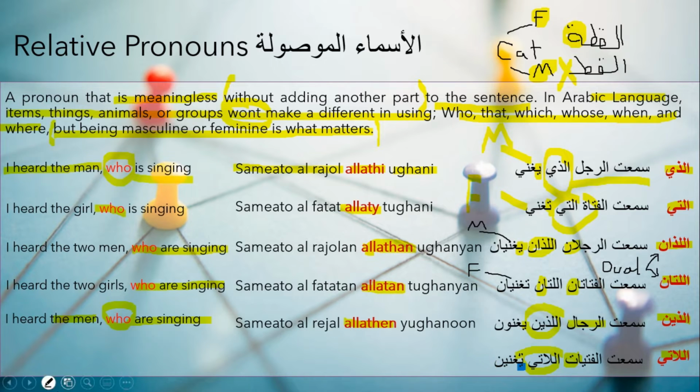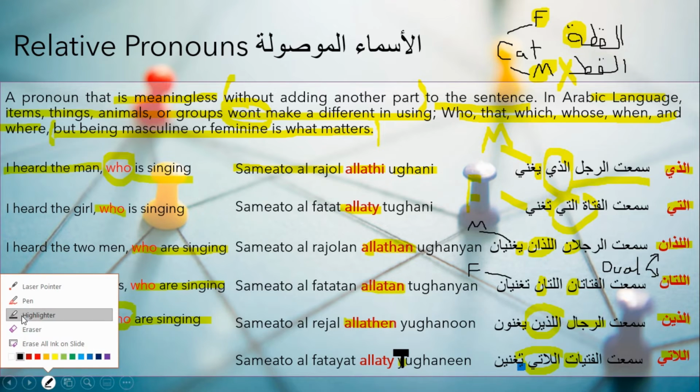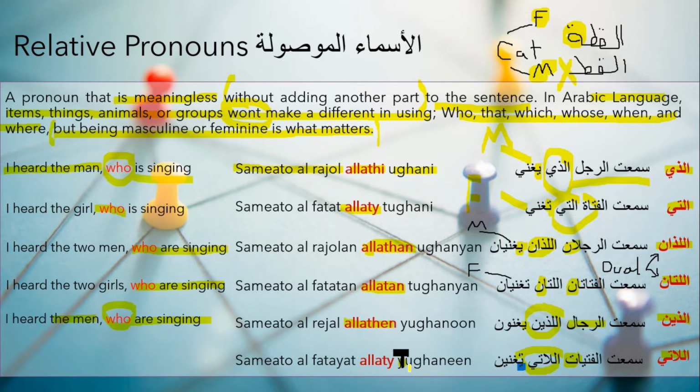But what makes the difference between a group or singular is the pronoun itself that we are using in the sentence. سمعت الفتيات اللاتي يغنين. اللاتي تغنين, we can use both, but the most rightful one is ta, or we can say تغنين. We can use both, but sometimes there are some conditions. We will learn it in the future.